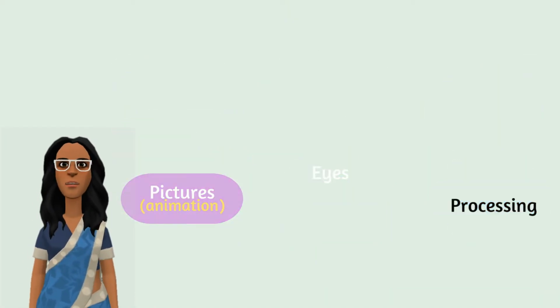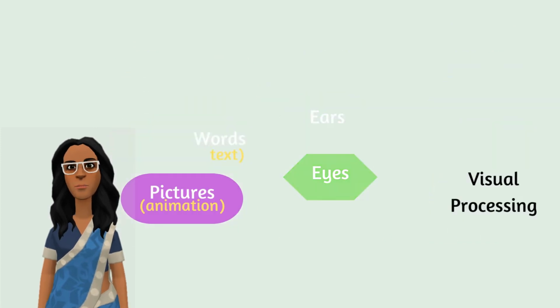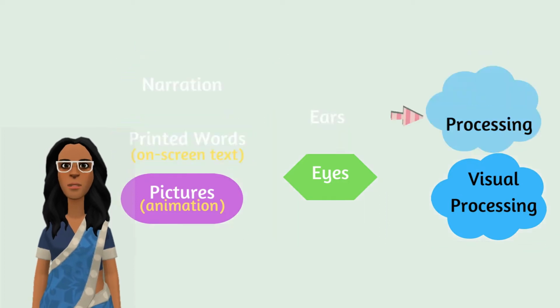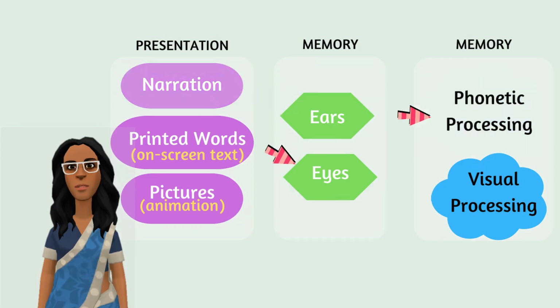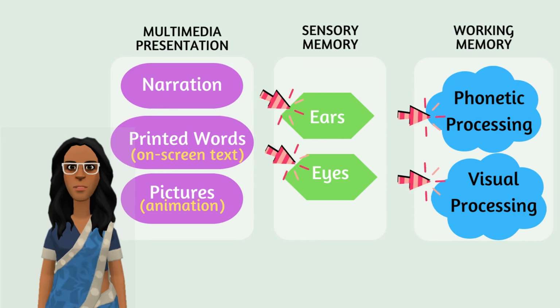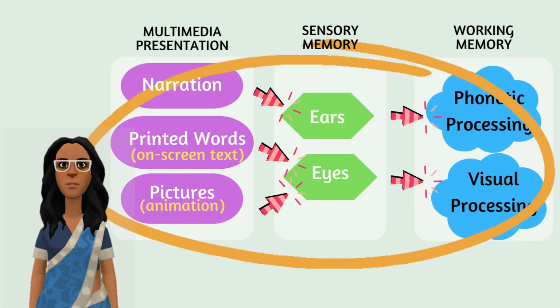When a learner watches a video, the narration enters the cognitive system through the ears and is processed in the auditory verbal channel. Simultaneously, the on-screen text or printed words enter through the eyes and will be processed in the visual pictorial channel. And animation or pictures also enter through the eyes and will be processed in the visual pictorial channel.